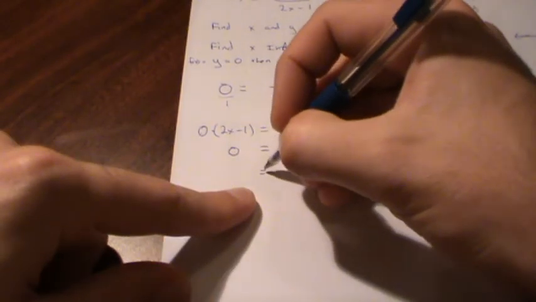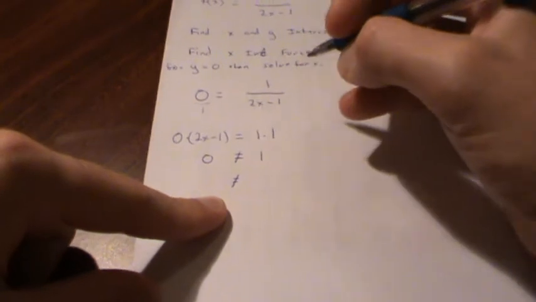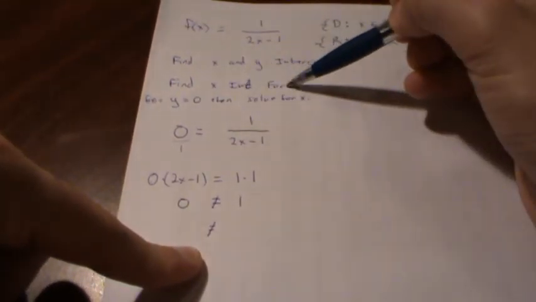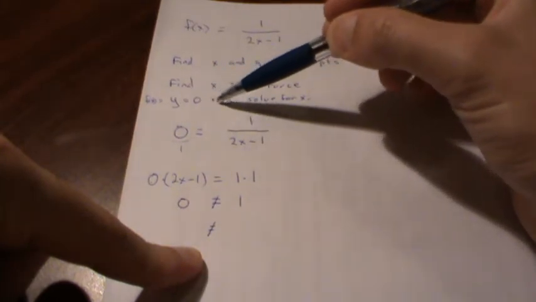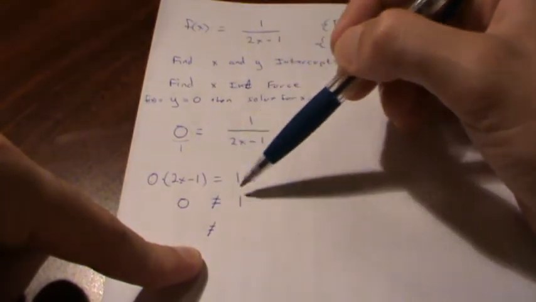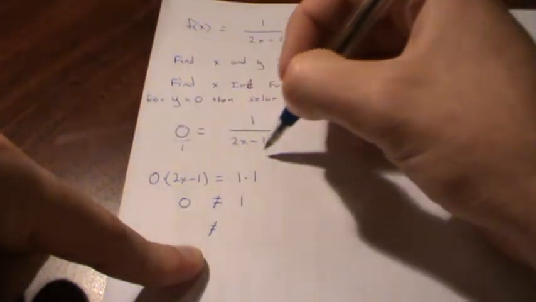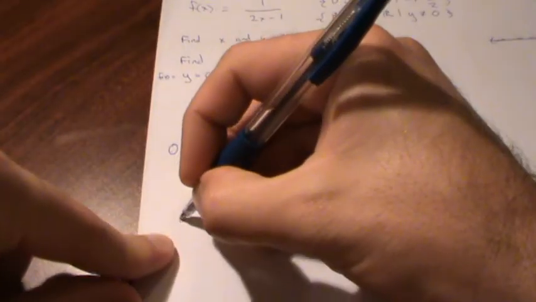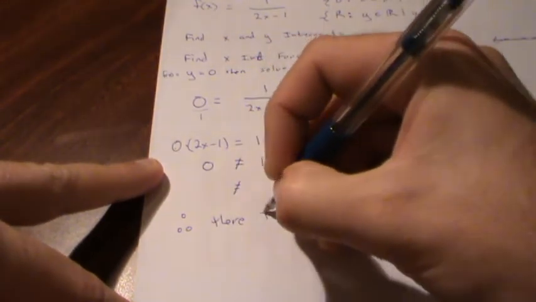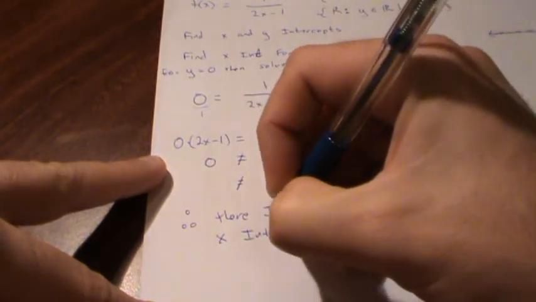And look at this, I get a non-equals here. So when I'm trying to find the x-intercept, I set y equal to 0, and then I solve for x, and I get something that's untrue. So in the end, there is no solution for this. Therefore, there is no x-intercept.